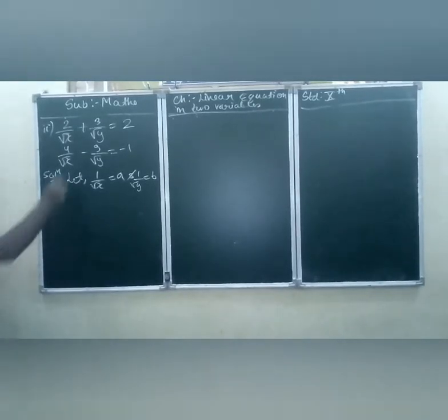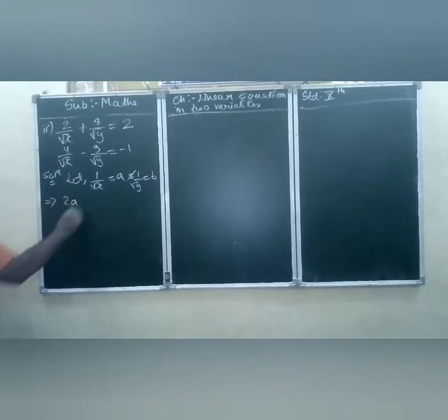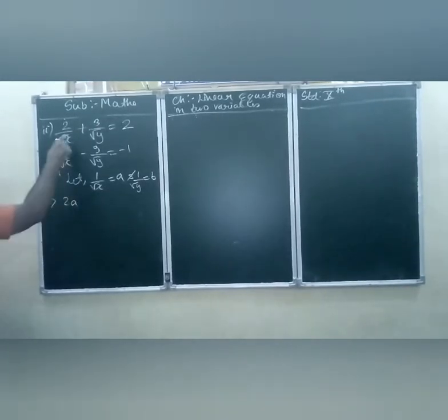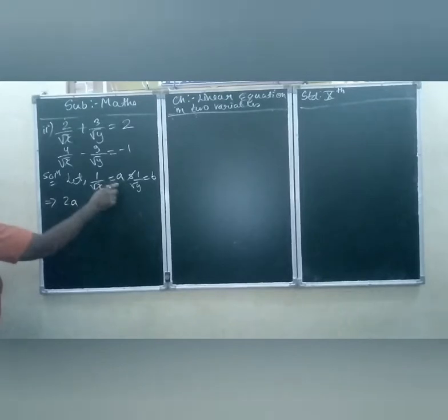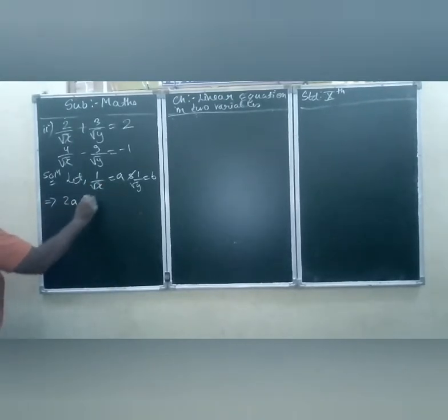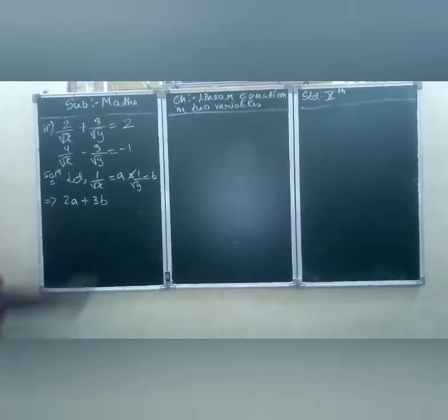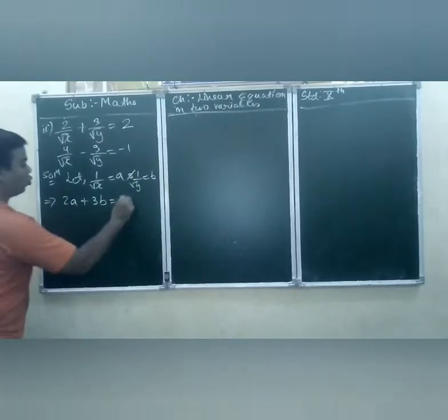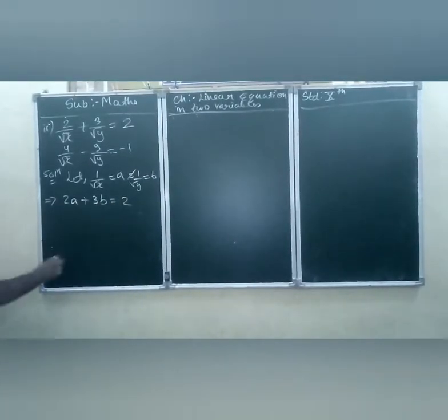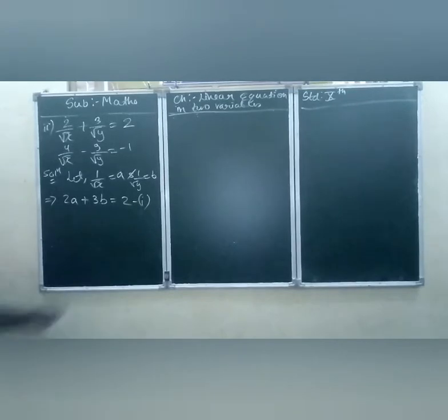So now we make the equations. Now it is 2 into 1 by root x, so that is a. So 2a plus 3b is equal to 2. This is the first equation.